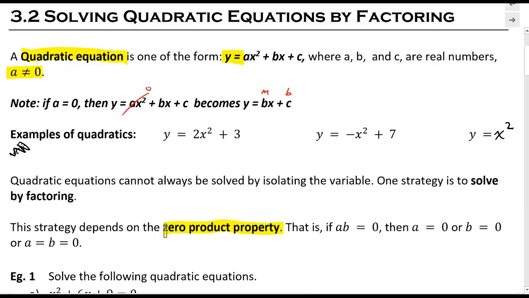That means that when two things are multiplying to equal 0, it implies that one of the two pieces needs to be 0, or they both are the same value, and that value is 0. So any two things multiplying to equal 0 implies one of those two pieces also equals 0.